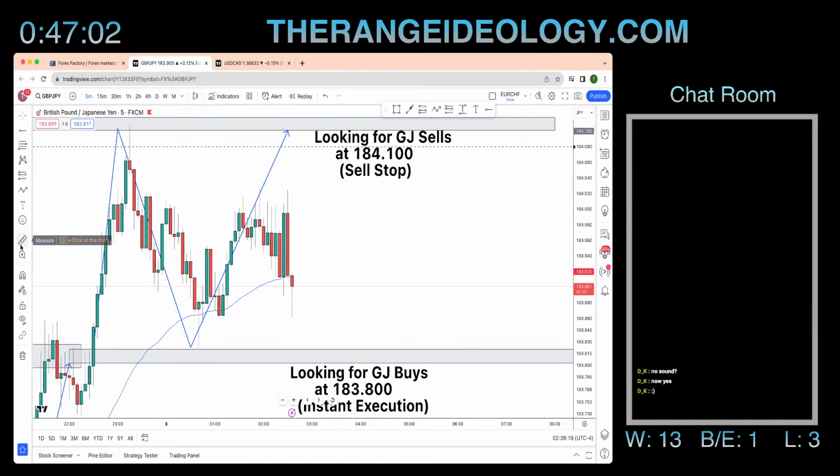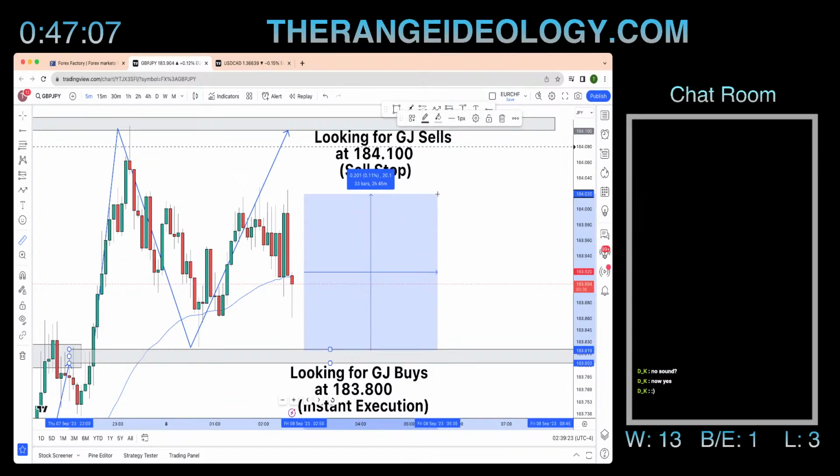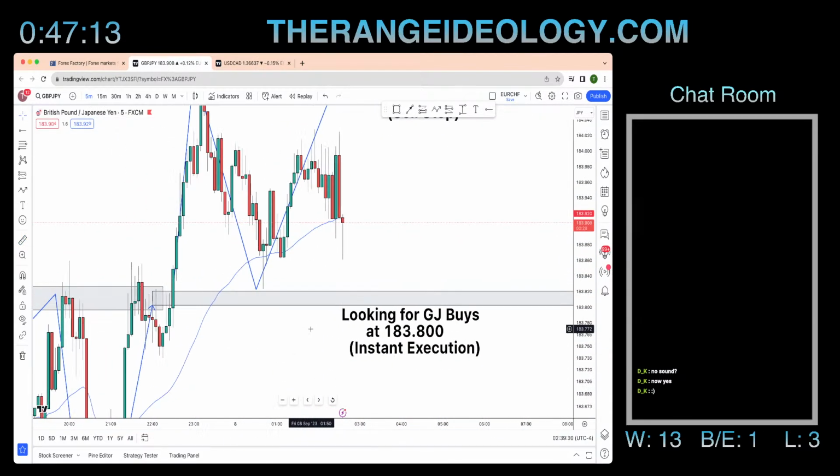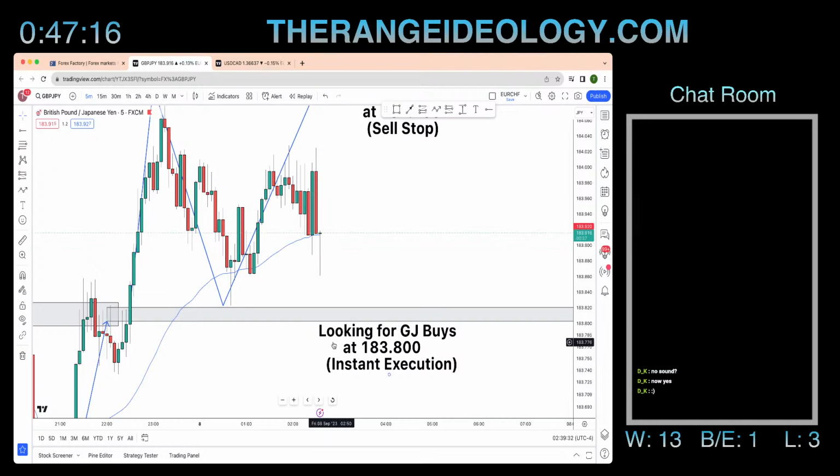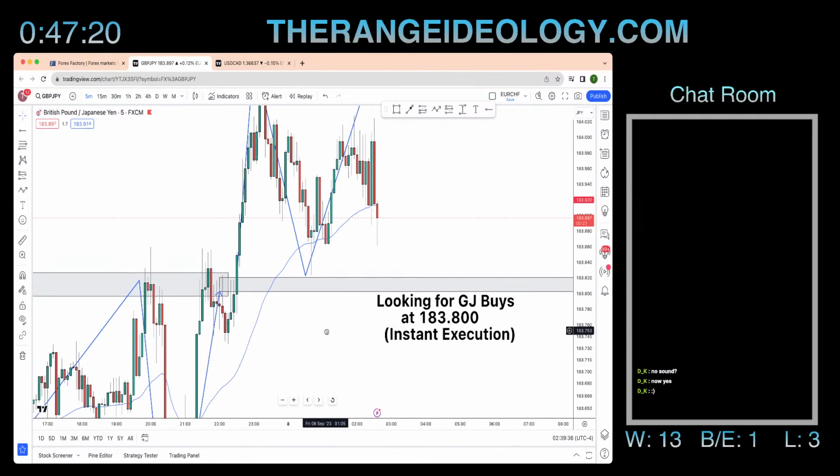And for that reason, I don't want to miss a good opportunity here. We can even catch about 20 pips here. So if it does spike out here, this will be an instant execution for at least 20 to 25 pips.